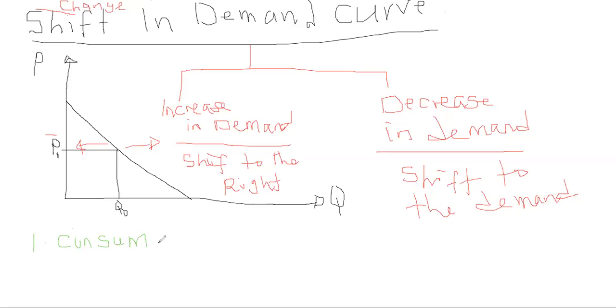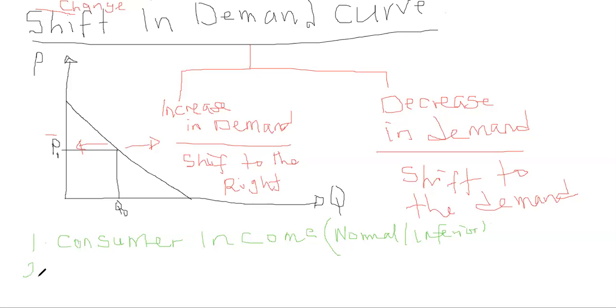Consumer income could increase or decrease. Change in consumer income will shift the demand curve. Also, when we look at change in consumer income, we look at whether the good is a normal good or inferior good. We have to look at these two scenarios.